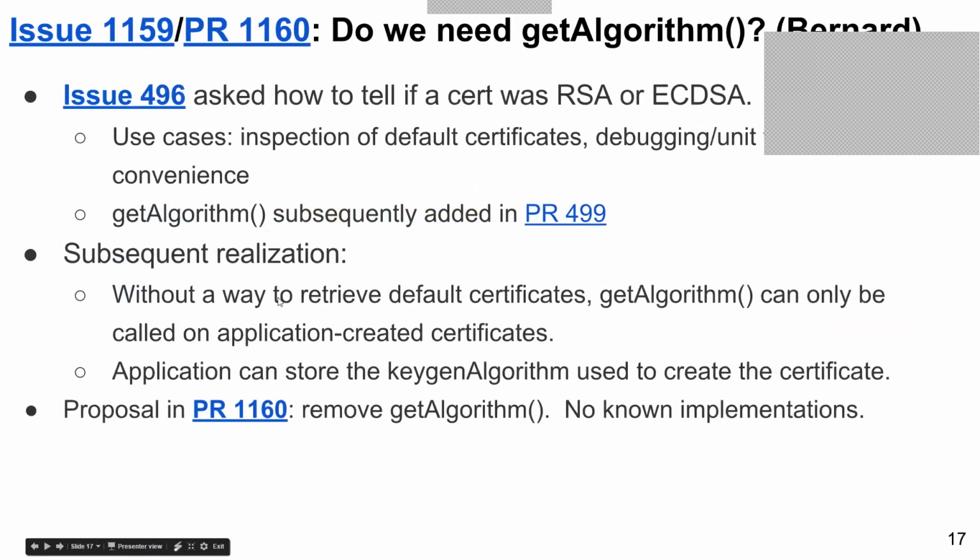But subsequently, we realized that without a way to retrieve the default certs, you couldn't actually use getAlgorithm. You could only use it for the application-created certs, and presumably you could just store the keygen algorithm used to create those. So it's purely convenience. The proposal in PR 1160 is just to remove getAlgorithm. And as far as I know, no one's implemented it.